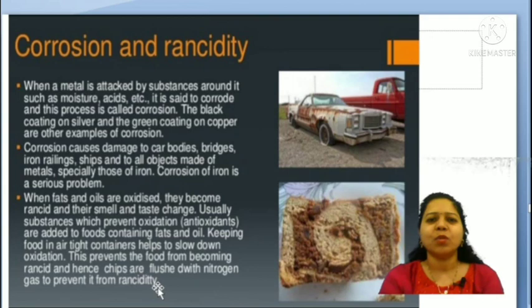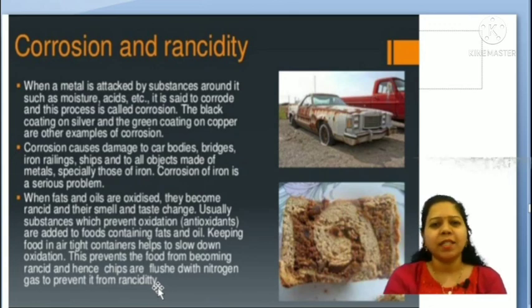Now rancidity means what? When any food reacts with oxygen, its taste and smell change, and because of oxidation, the taste and color of the substance change, and that's why it cannot be eaten easily.